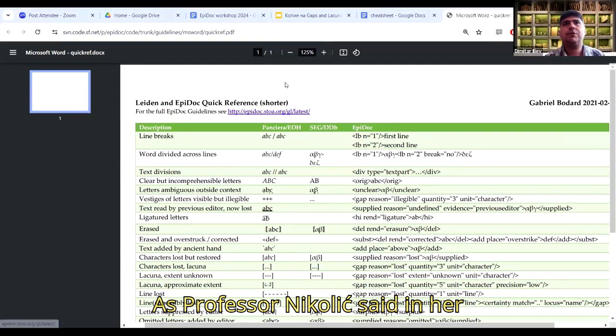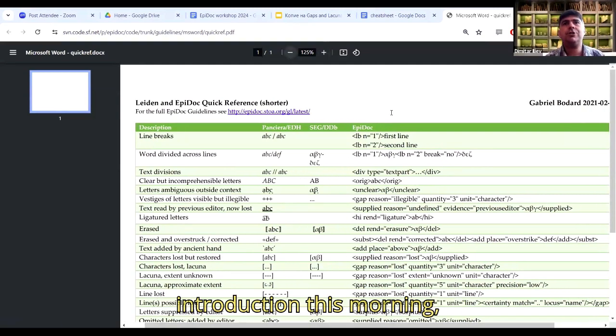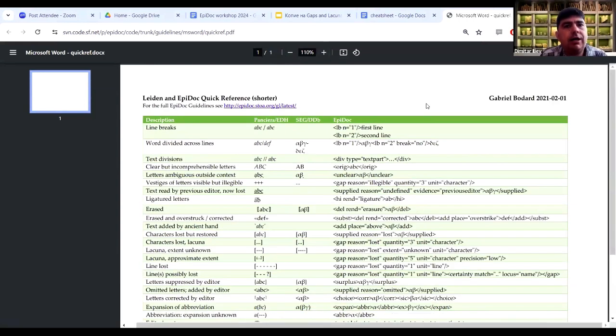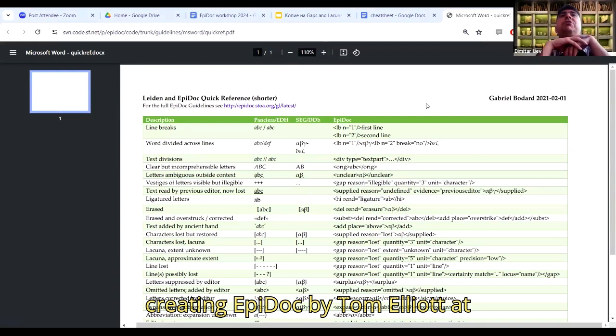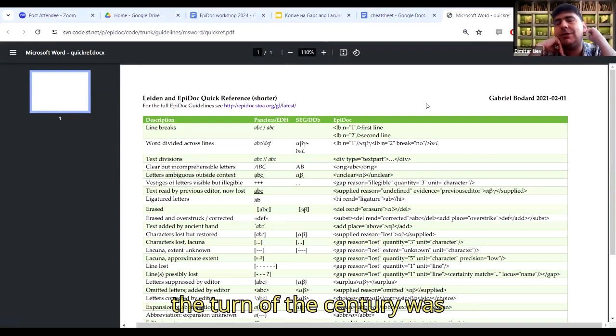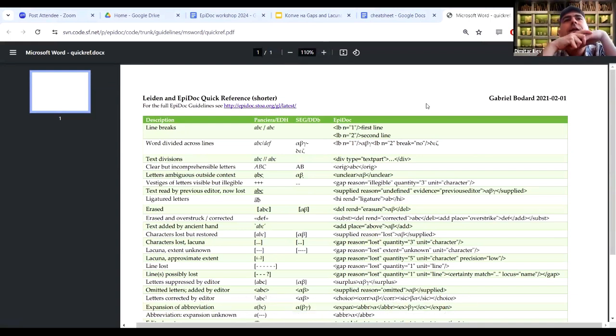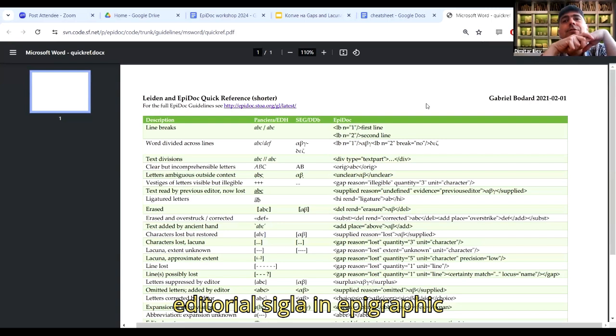As Professor Nikolic said in her introduction this morning, the instigation for creating EpiDoc by Tom Elliott at the turn of the century was actually given by Panciera, who is one of the authorities on editorial sigla in epigraphic publications.